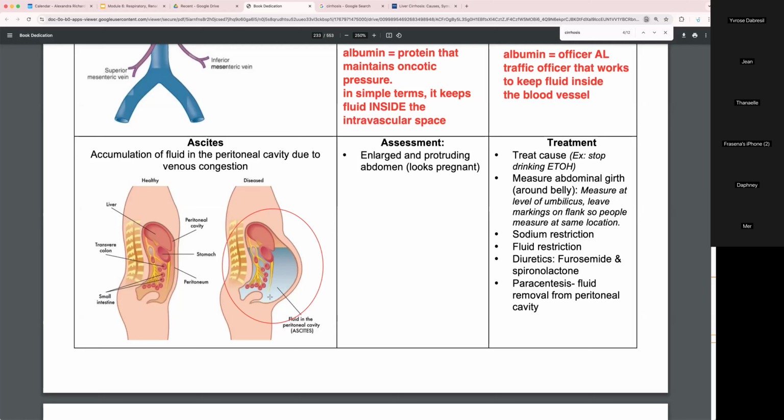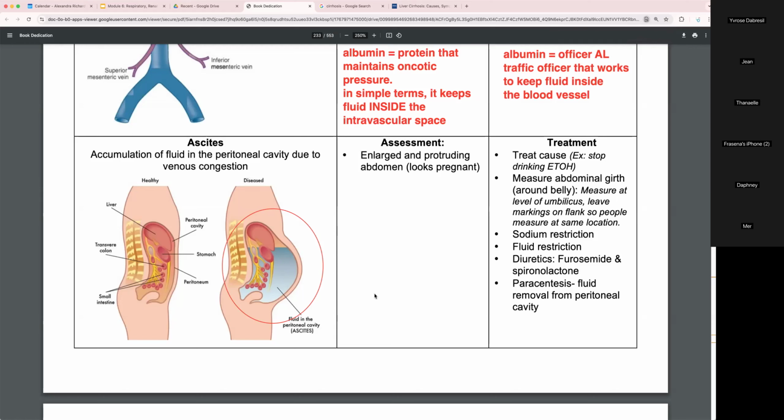There's no albumin there, so the fluid leaks out. That congestion, that fluid from the portal vein that can't get through to the liver is going to come back and leak out. And so the assessment of ascites is an enlarged or protruding abdomen. It's like the patient looks pregnant.